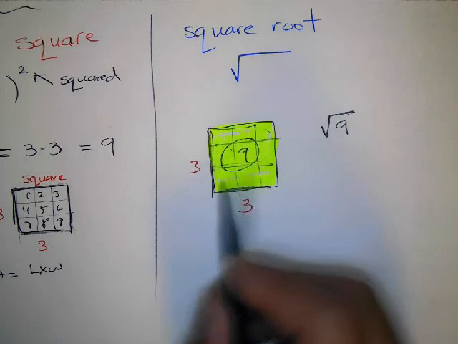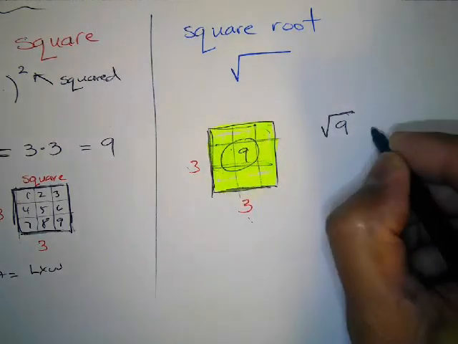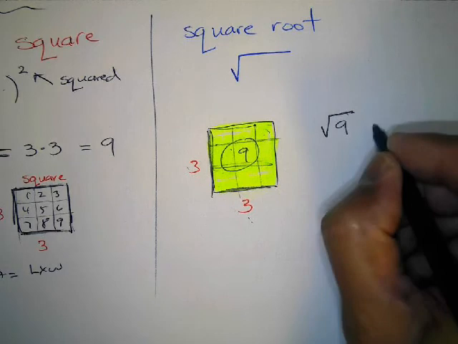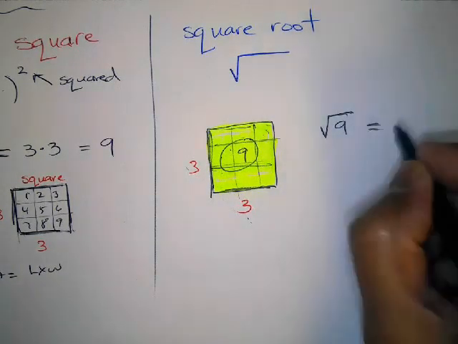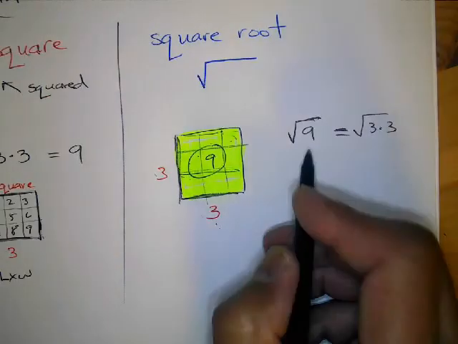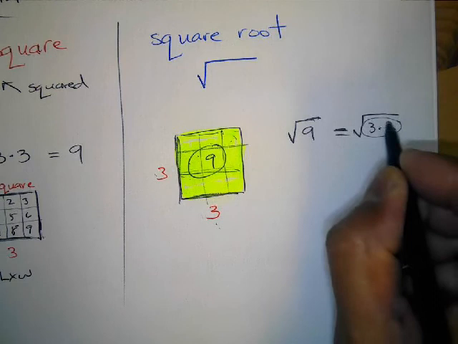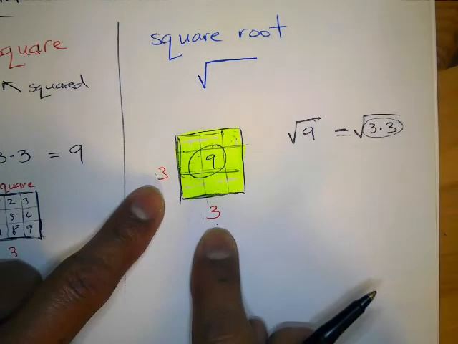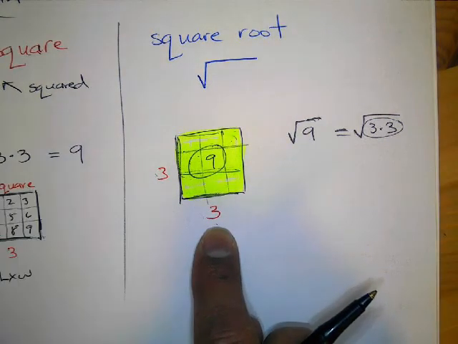So a square root is kind of already giving you the area and asking you what the sides of the square are. But we don't get the answer right away. We understand that 9 is 3 times 3. And under a square root, that's exactly why you're looking for the same number twice. Okay?